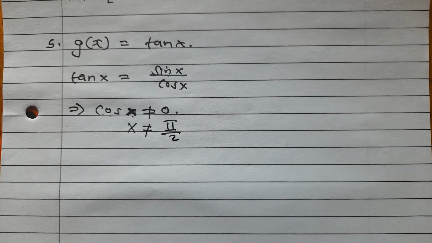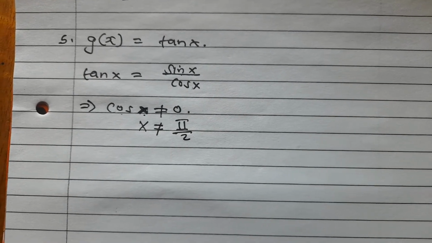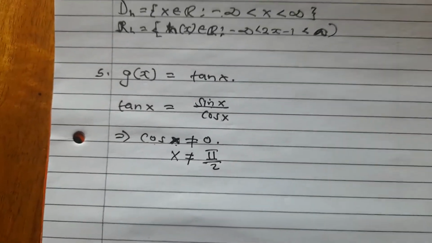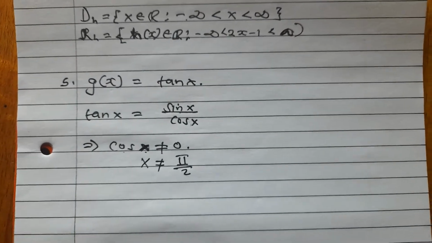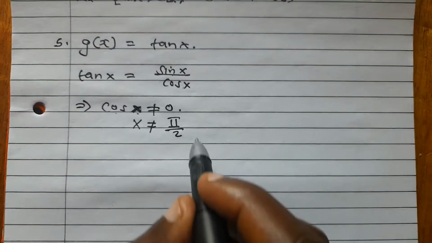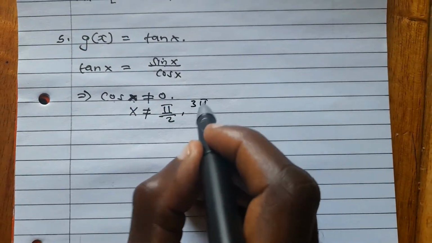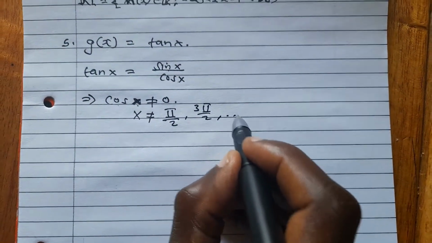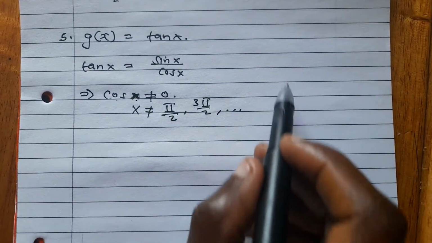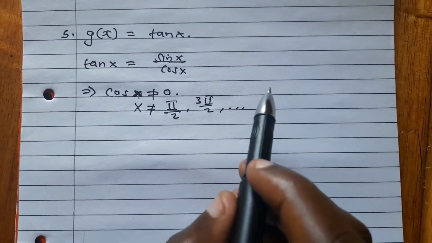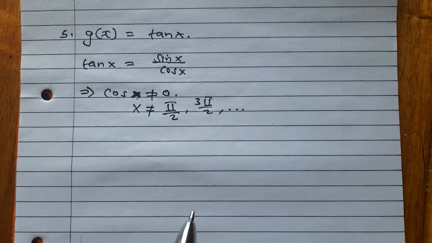But you realize it is not pi over 2 alone that is giving us a 0. There are others like 3 over 2 pi and some others, depending on the unit circle. As you move along, you'll get those values.